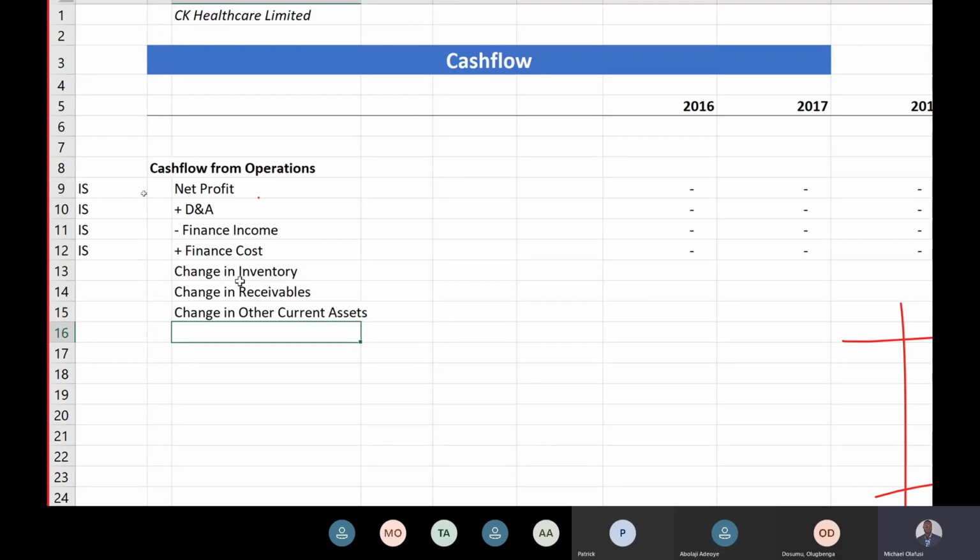So maybe prepayments, things that come under your current assets but are not inventory and receivables. So changes in them reflect here. Likewise, on the liability side, change in payables, change in maybe other accruals or any other liabilities you have. So change in other current liabilities.